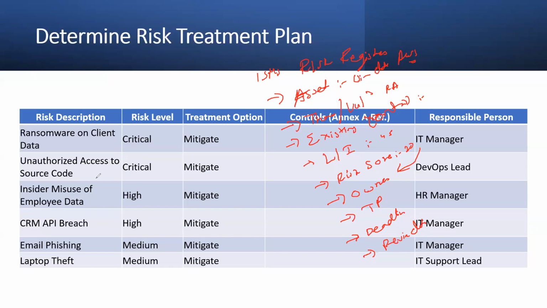Whatever controls have been suggested, you can apply those as well. Then you give a deadline, so this needs to be done as soon as possible. Let's keep the deadline as July 15. Review date: the next review will happen on August 1.